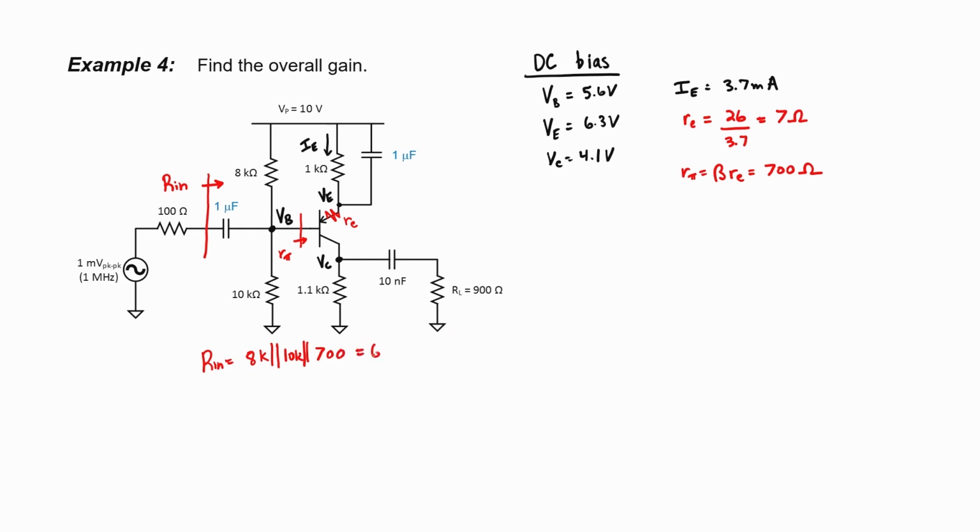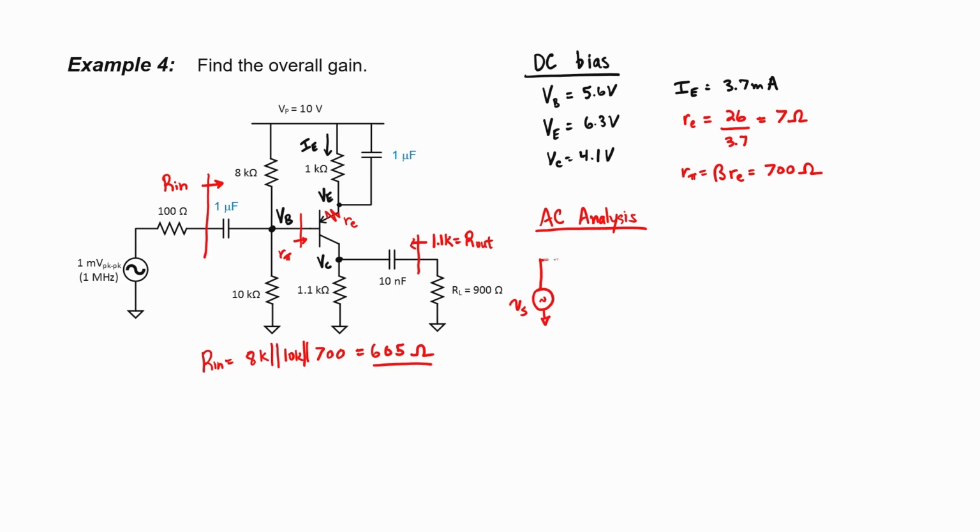We wind up with about 600 ohms here for the net input impedance. Our output impedance over here is just what it was in the previous examples, 1.1 kiloohms. We now have enough information to proceed to the AC analysis.